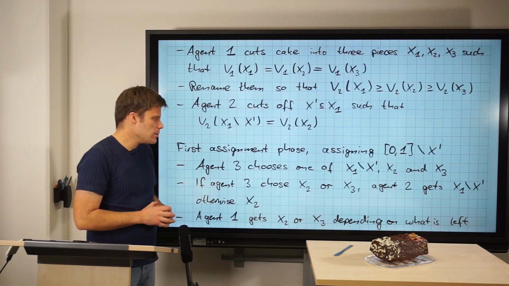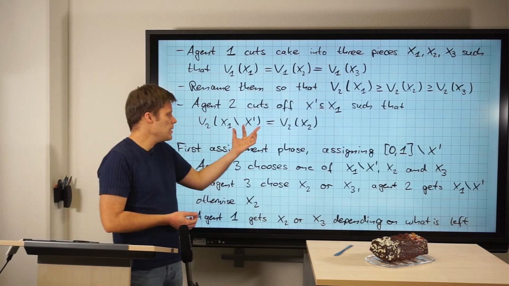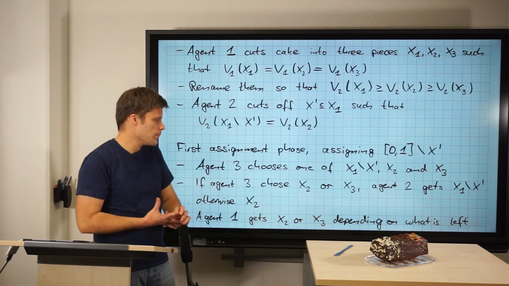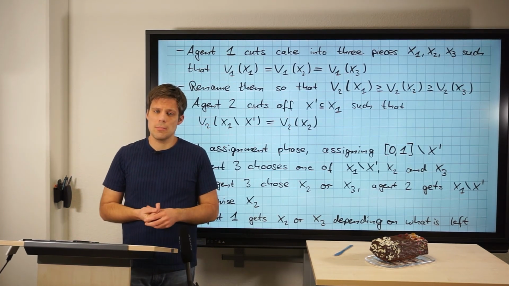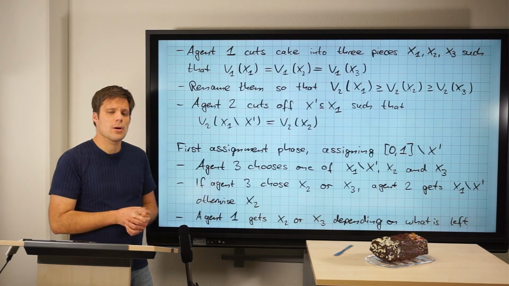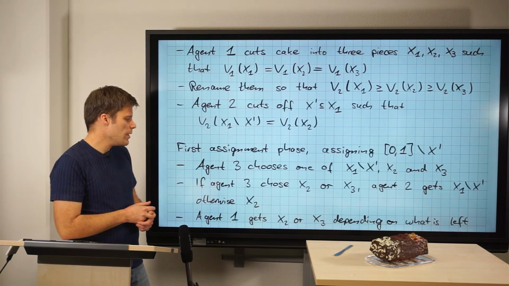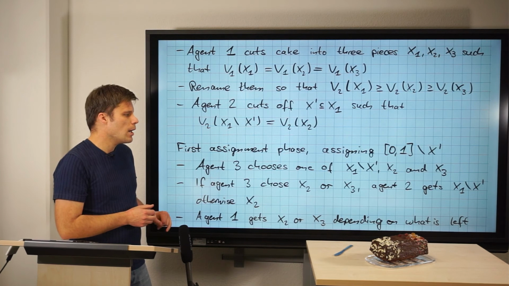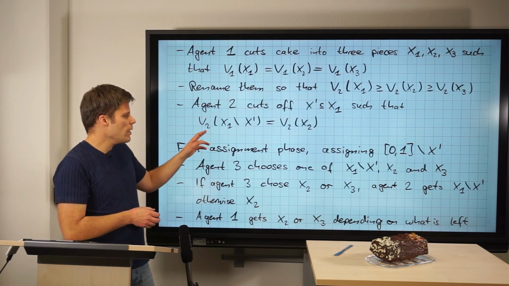So what is happening so far? We had these three pieces, x1 take away x prime, x2, and x3. Now we let agent 3 choose one of these three. Agent 3 will of course choose the one he likes most. And then agent 2 gets either x1 take away x prime or x2. Why that?